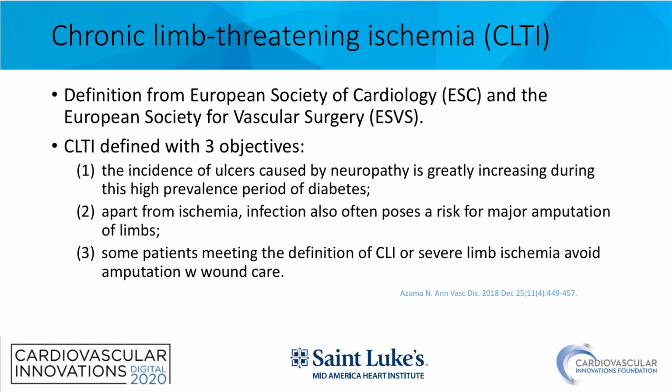And apart from ischemia, infection also poses a significant risk for major amputation, not well accounted for in current threshold values of perfusion alone. Some patients meeting the definition of CLI with gangrene or tissue loss or severe limb ischemia can avoid amputation with wound care and offloading and other conservative measures.